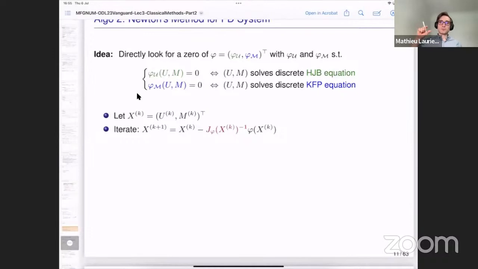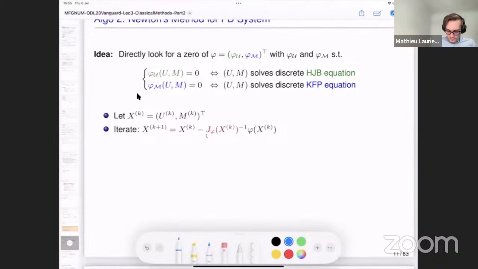You want to solve the discrete HJB equation and the discrete KFP equation, and together it gives you this function phi. Then applying Newton's method would mean computing the Jacobian of phi at the point xk, where x now has two components, so it is in dimension number of time steps multiplied by number of space points multiplied by 2.